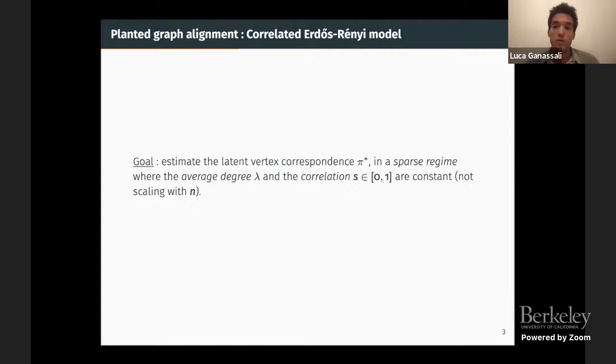And the regime we are looking at is what we call the sparse regime, since in terms of signal, the number of edges is of order n. So we have an average degree which is constant, and the correlation is also constant, not scaling with n. A first remark in this setting is that we cannot hope for exact recovery.